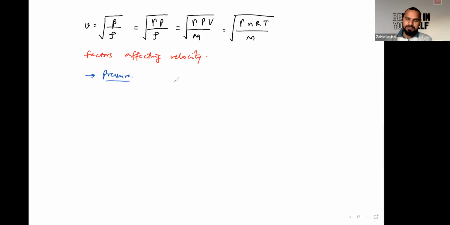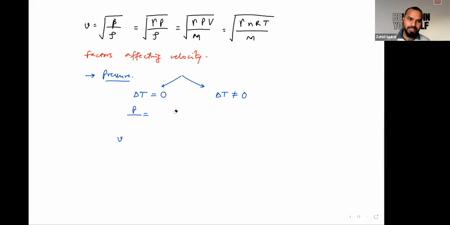If you have to define for pressure, just check whether this particular process is isothermal or non-isothermal. For an isothermal process, pressure by density will be constant. It means velocity will be independent of pressure in this case.